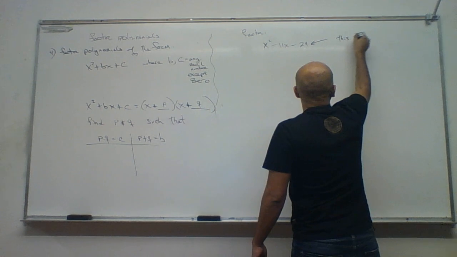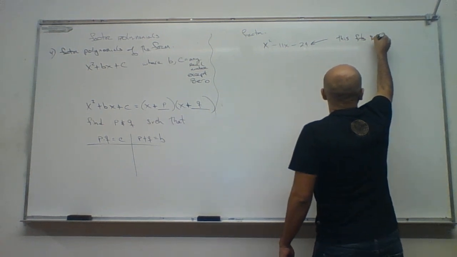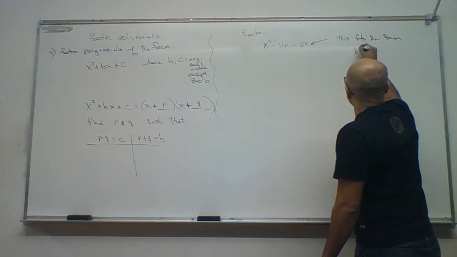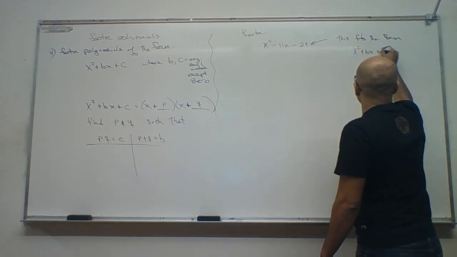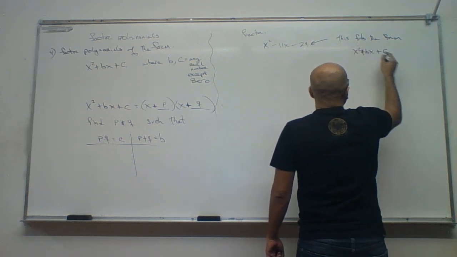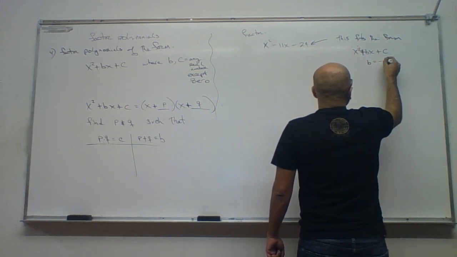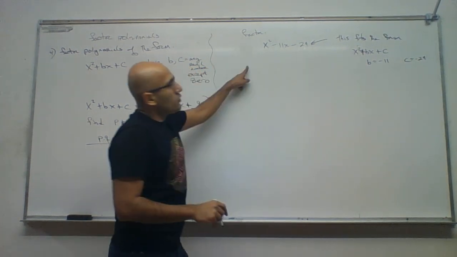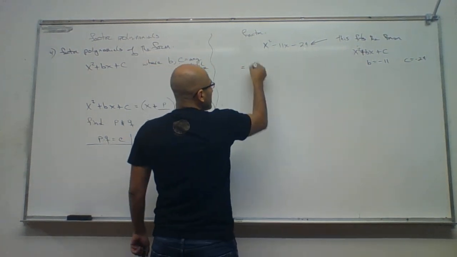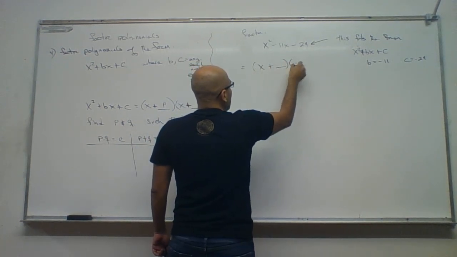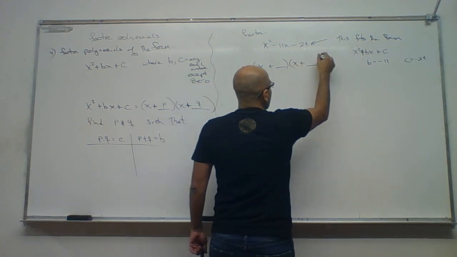So this fits the form x squared plus bx plus c, where b is equal to negative 11 and c is equal to negative 24. Okay, so I know that if the answer exists, and I'm not saying it will, but if it exists, it will fill out and give me this.